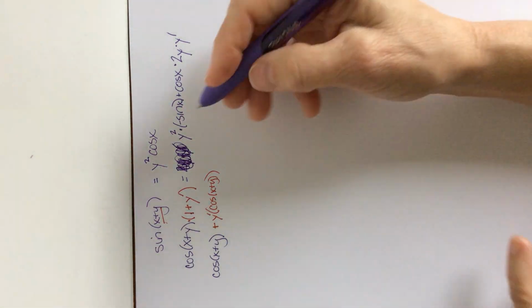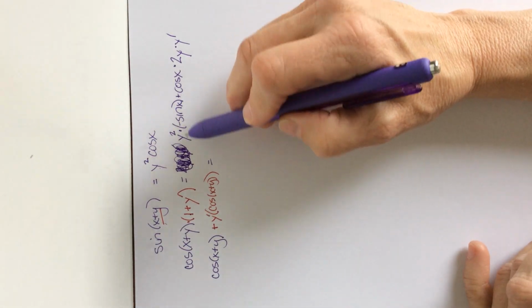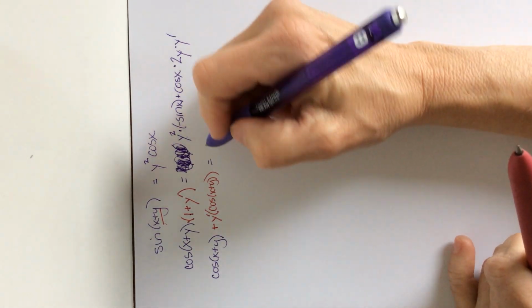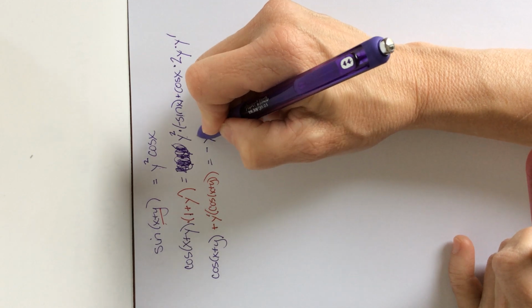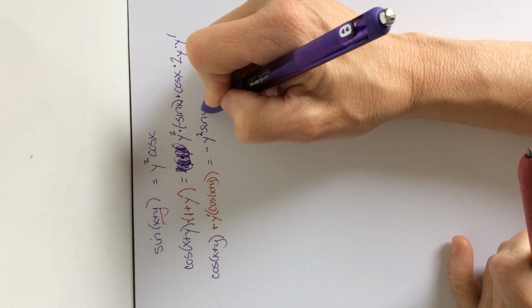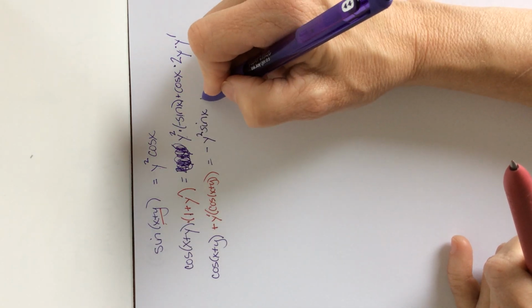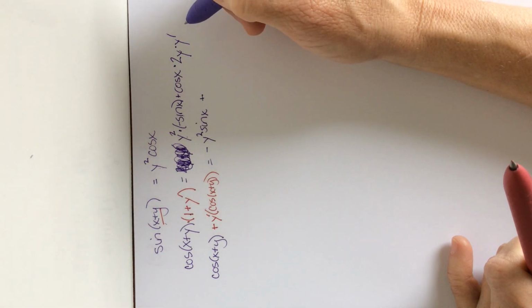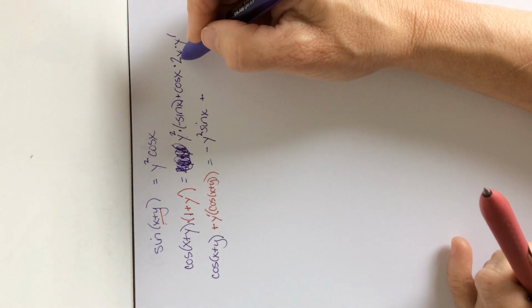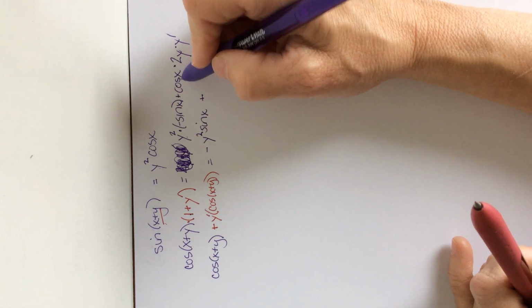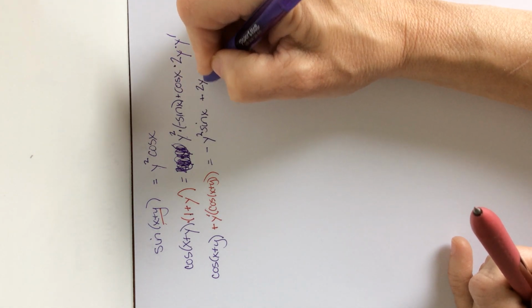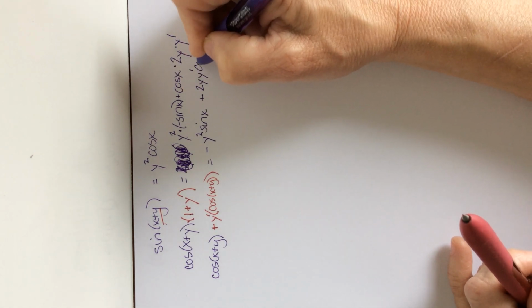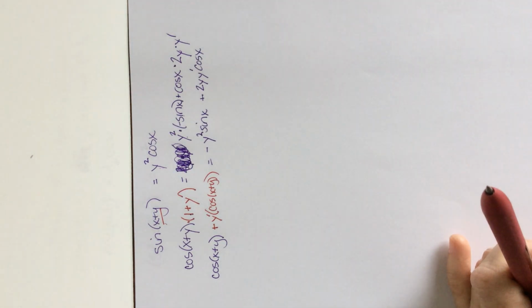Now on the right side, the first term here, I will write it as negative y squared sine of x, plus 2y y prime in front of cosine, so 2y y prime cosine of x.